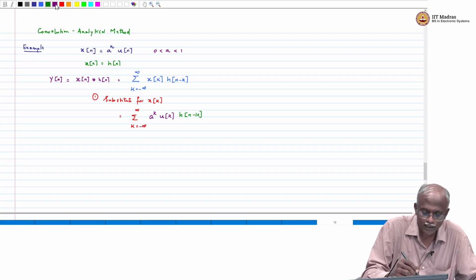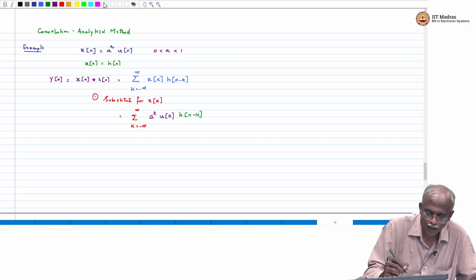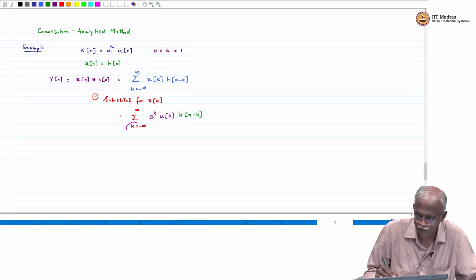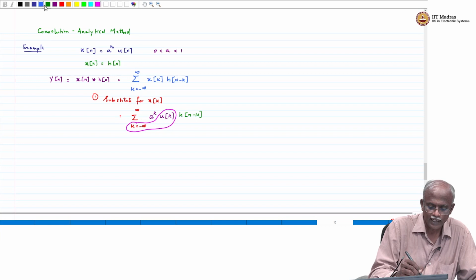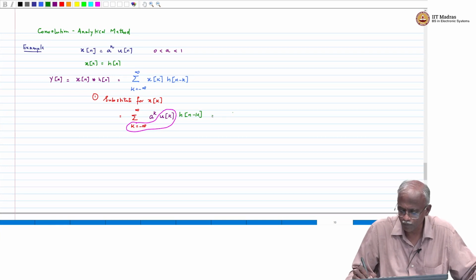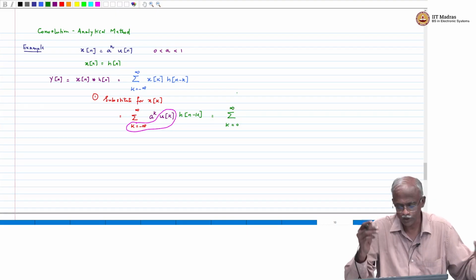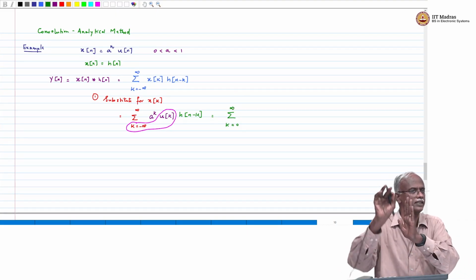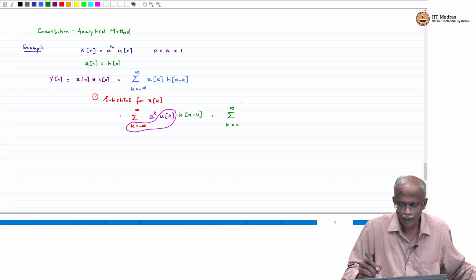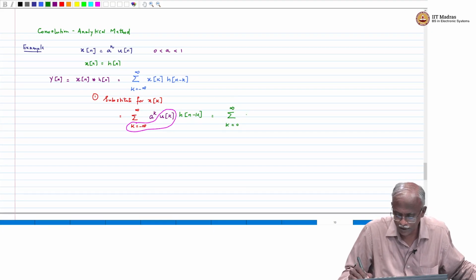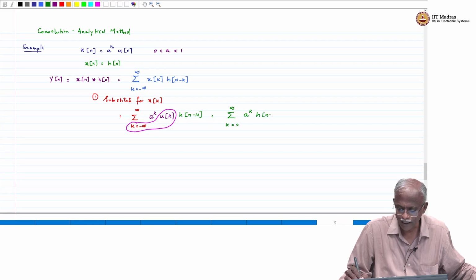So the summation can now be written as k equal to 0 through infinity, because u of k is non-zero only in that range. Now I don't need to write u of k anymore: a to the k h of n minus k.